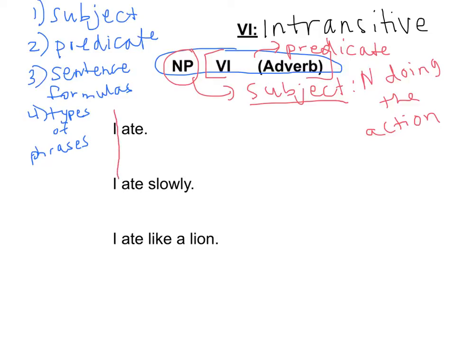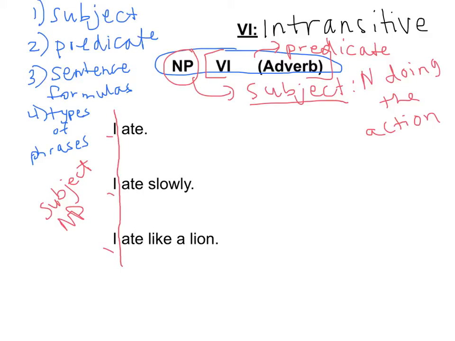I is our pronoun that is serving as our noun phrase. Okay? And so I in each of the sentences is the subject. Okay? And it's a noun phrase. It might only have one word, but that's still a noun phrase.